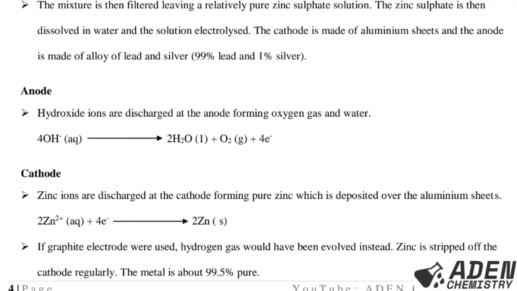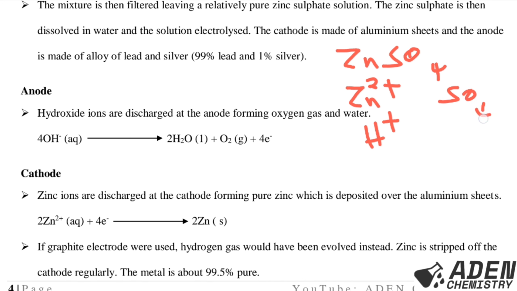We are saying the electrolyte that we are having here is zinc sulfate solution, dilute zinc sulfate solution. So it is a non-binary electrolyte, so it has more than 2 ions. So we are going to have zinc ions and also hydrogen ions, as well as sulfate ions and also hydroxyl ions. Those are our ions. So sulfate ions and hydroxyl ions are negatively charged ions, they will be migrating towards the anode.